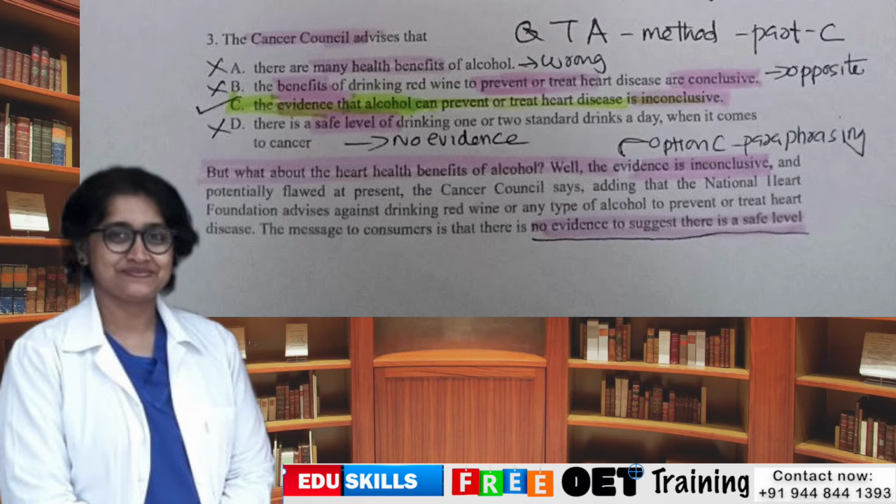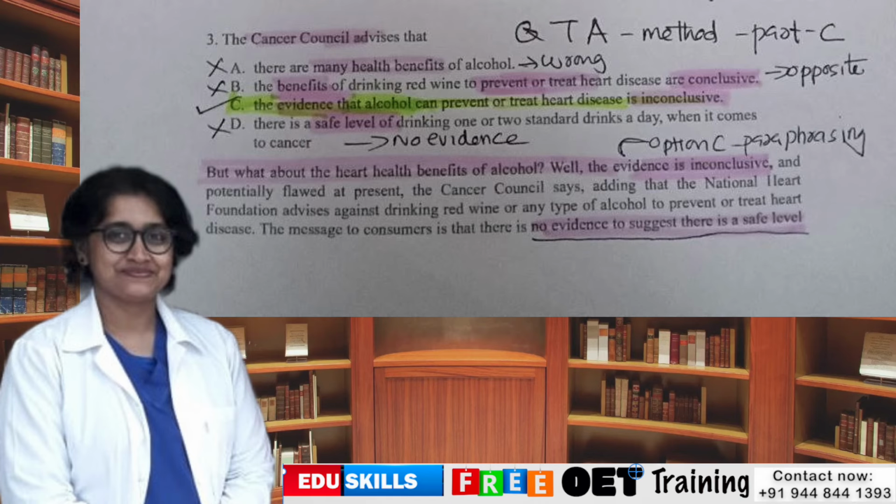The topic sentence says it clearly, that it is inconclusive. Then the Cancer Council says, adding that the National Heart Foundation advises against drinking red wine; these are all subject complements, we can ignore that. From the topic sentence, we can identify that option C is the right answer.